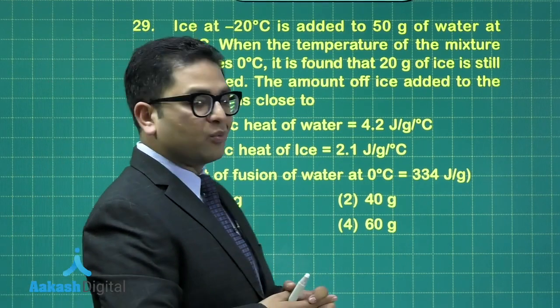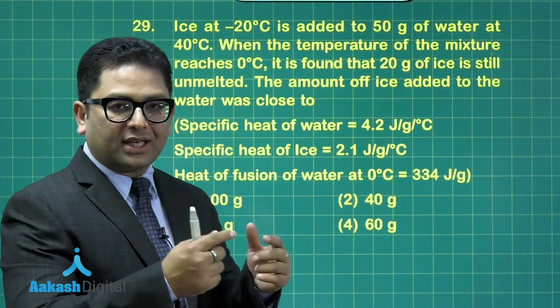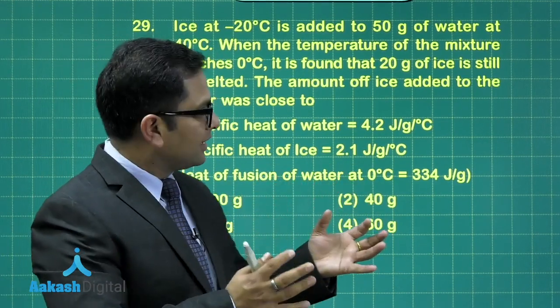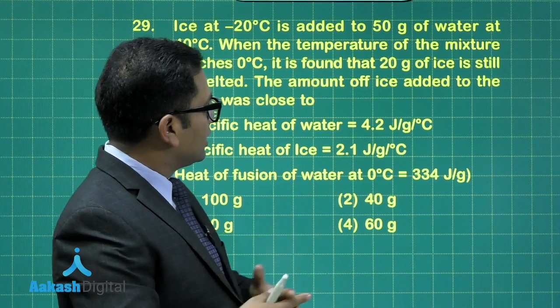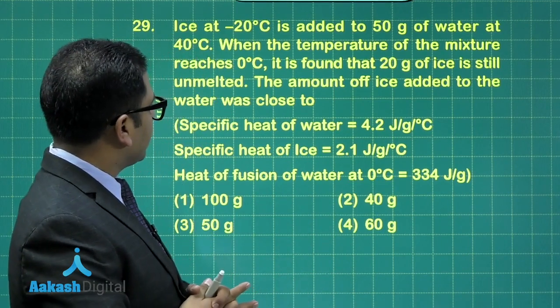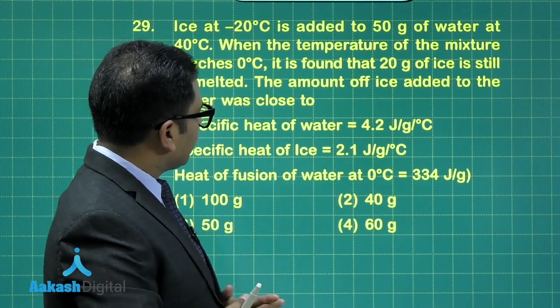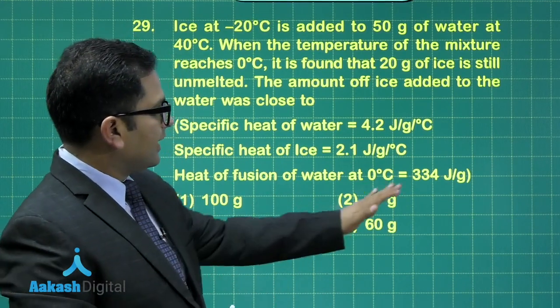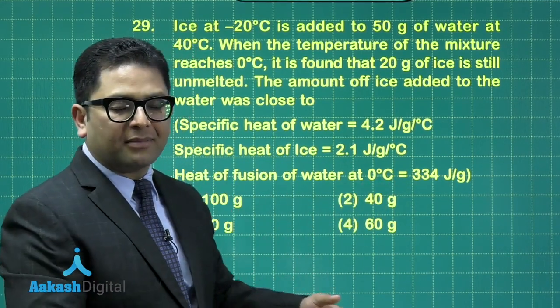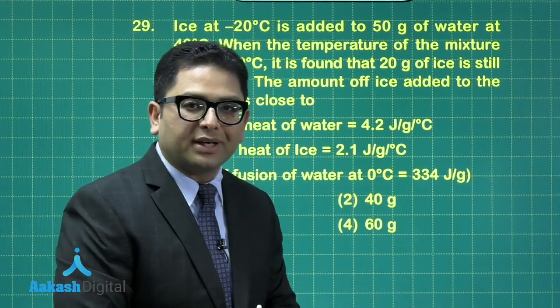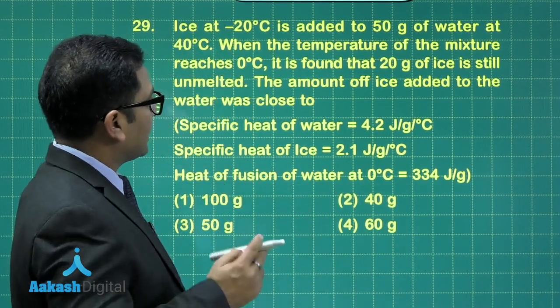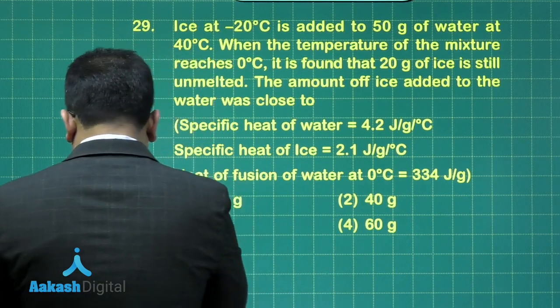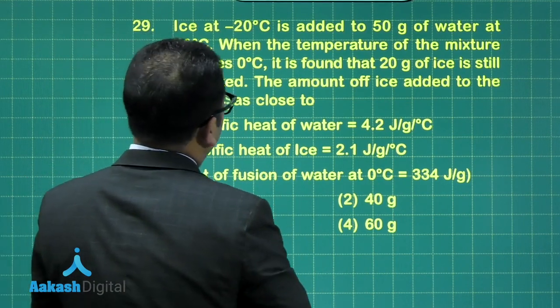Now, you can go in this way. Normally in calorimetry, we are used to going with the calorie unit. The specific heat of water can be said as 1 calorie per gram per degree centigrade, that of ice is 1/2 calorie per gram per degree centigrade, and the latent heat comes out to be 80 calorie per gram. If you wish, you can do it in the regular SI unit as well, but I prefer the calorie unit.